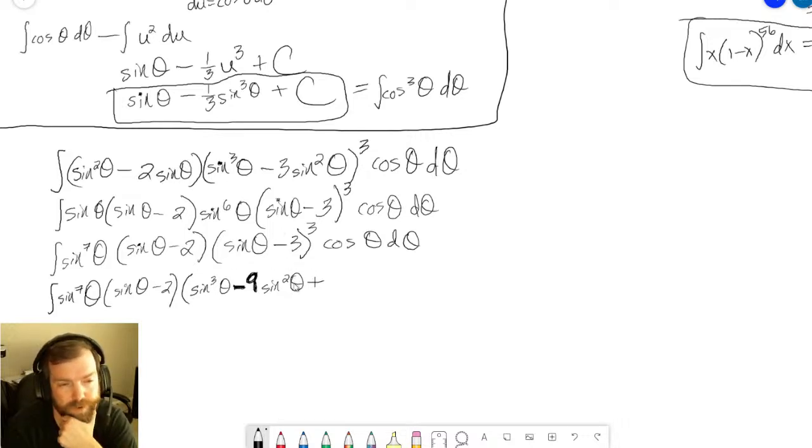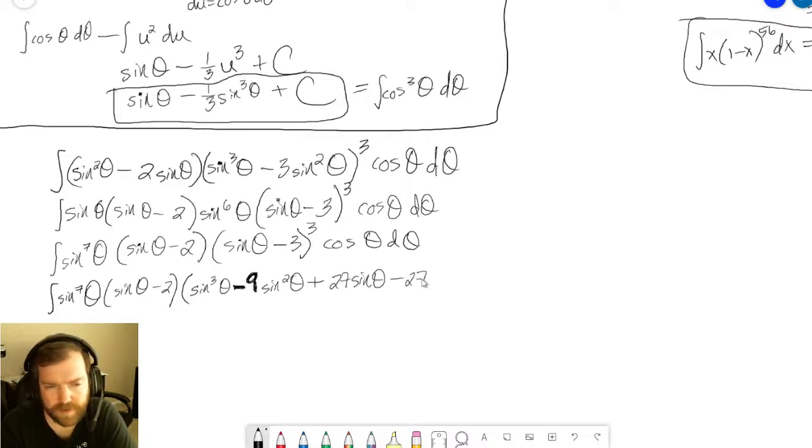All right, so 1 3 3 1. Here, because we have 2 negative 3s, that's going to be squared, so it's going to be positive 9 times sine of theta times the 3 that was already here, so that's 27 sine of theta. And then if we cube negative 3, that's going to be a negative 27 cosine theta d theta.